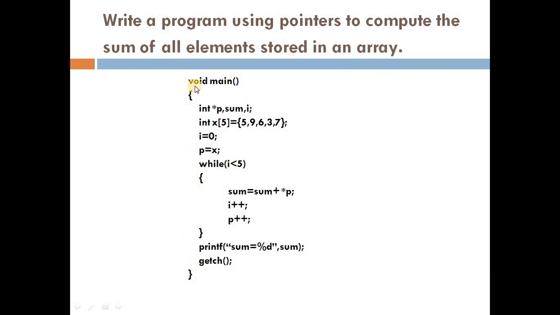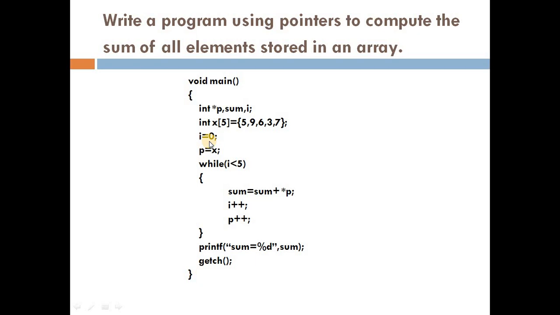So this is our program. We have declared a pointer variable p of type integer. We have taken one more variable, sum, which is going to store the addition of all the elements. We have taken i as a loop counter. We have declared an integer array with 5 elements, and we have also initialized these 5 elements.